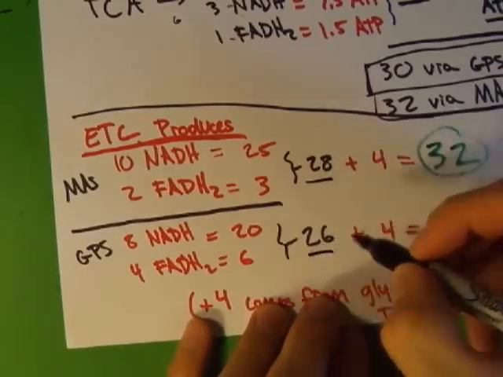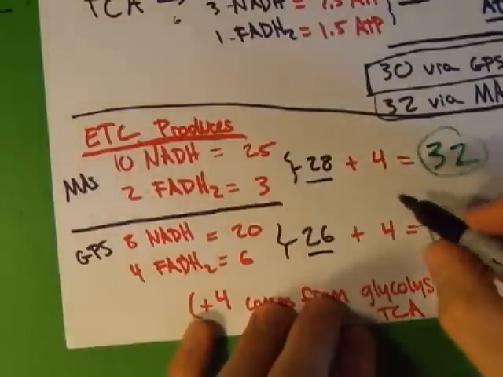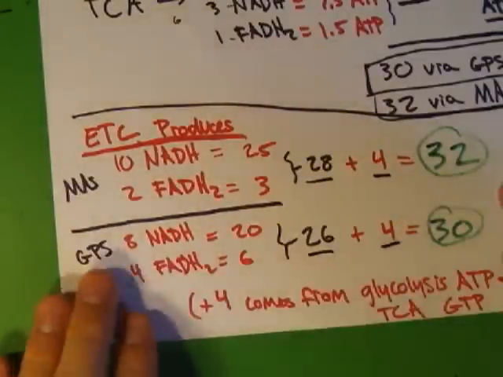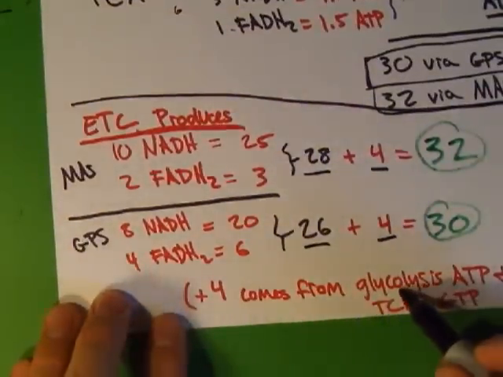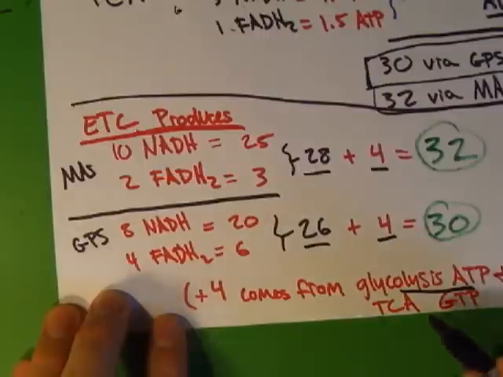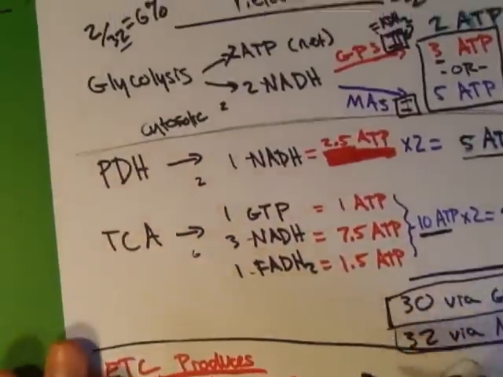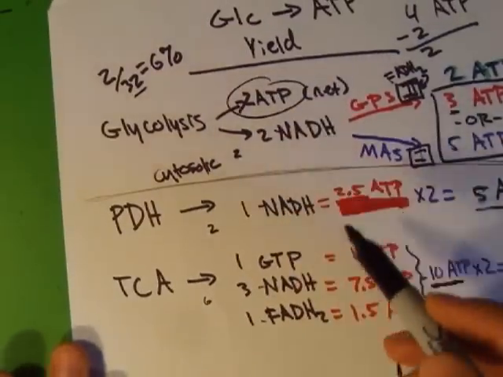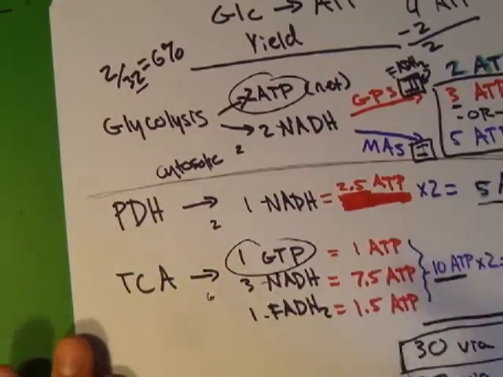So these are the total amounts produced by the electron transport chain for either, and then you have to add the 4. The 4 are coming from 2 glycolysis ATP and 2 Krebs cycle GTP. The 4 coming from these two, plus this one that happens twice.